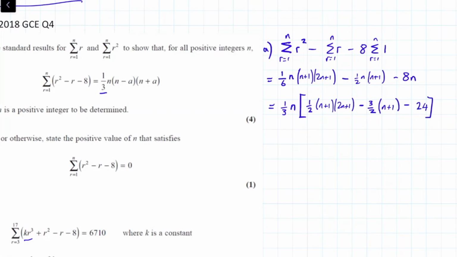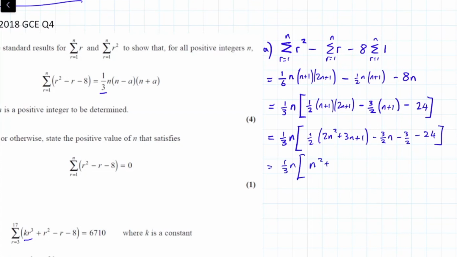Okay, this looks a bit weird, but let's see what happens. Hopefully a lot of the fractions are going to cancel out. So we've got 1/3 n. If we open all of this up, we will get 1/2 (2n squared plus 3n plus 1), minus 3/2 n, minus 3/2, and the minus 24. Let's open up this last bracket.